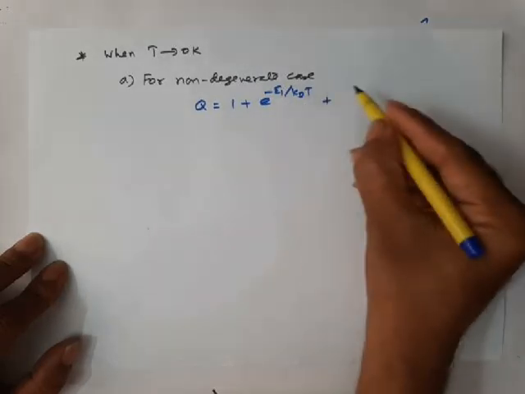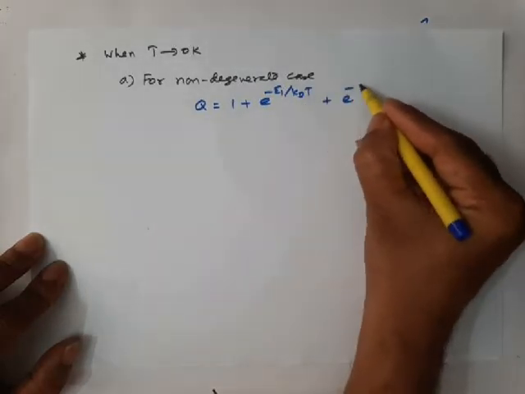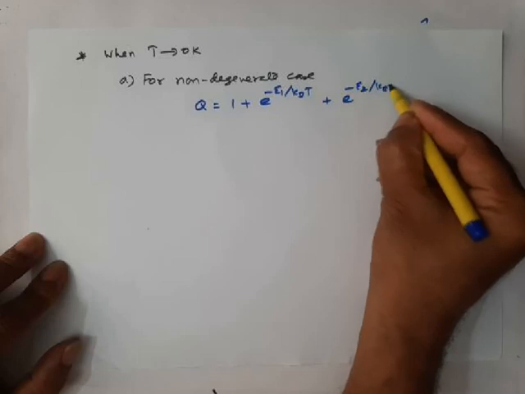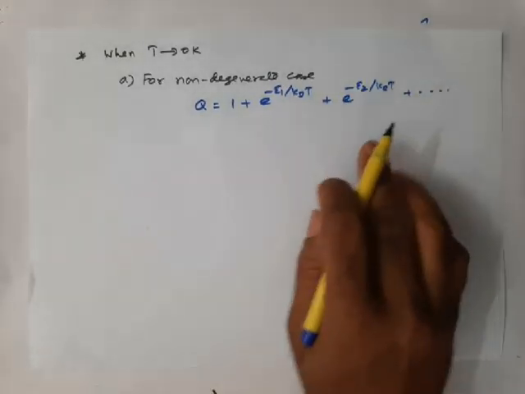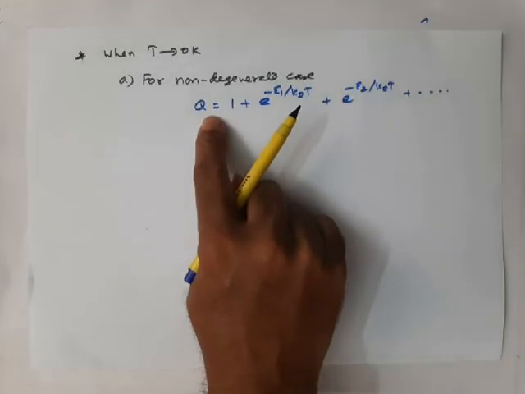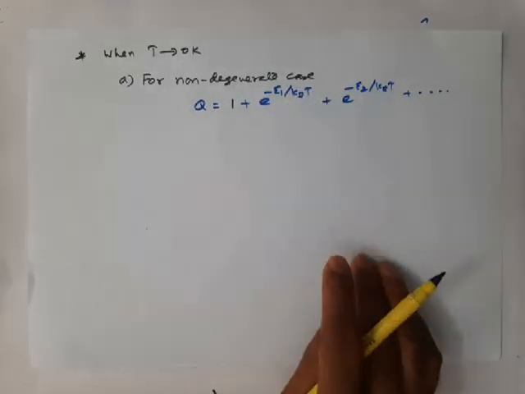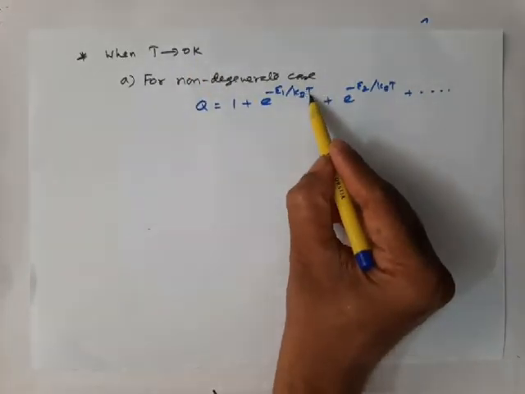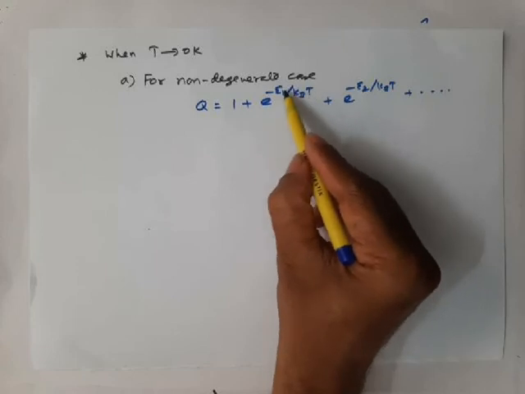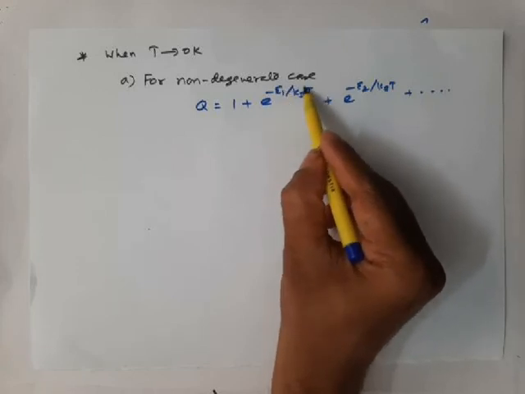In the last page I wrote this; I gave this expansion already. This is how you can expand the partition function for the non-degenerate case. If temperature approaches 0, suppose I put 0 in the place of temperature, something by 0 is infinity. You will get infinity here.